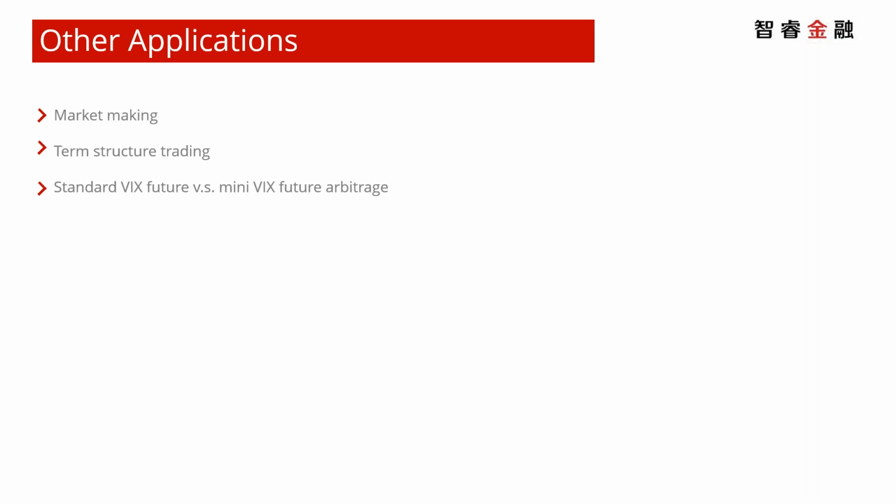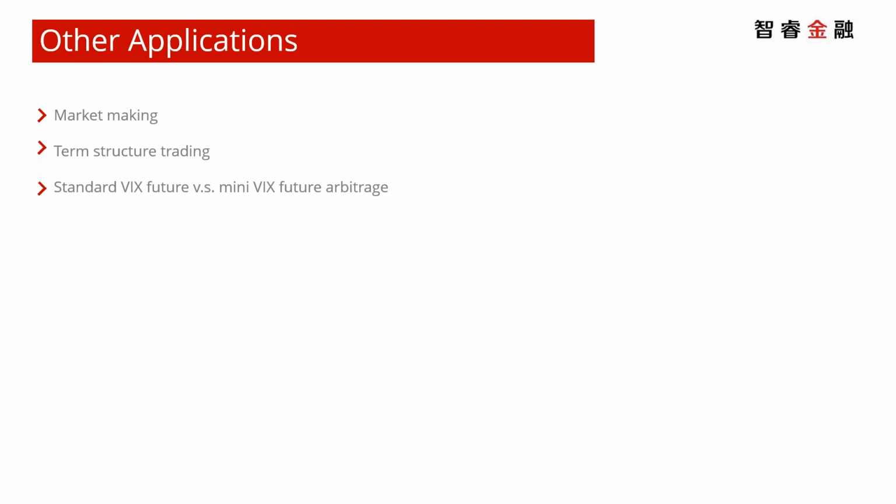And the third one is the standard VIX future versus mini VIX future arbitrage. All these 3 applications are not really for fund managers, but more for proprietary trading firms, because they require a much better technical infrastructure setup, and I would say they're not really for retail investors either. For the third one, the concept itself is straightforward, because both contracts settle using the same settlement price.